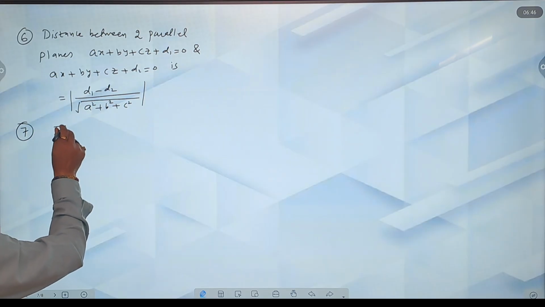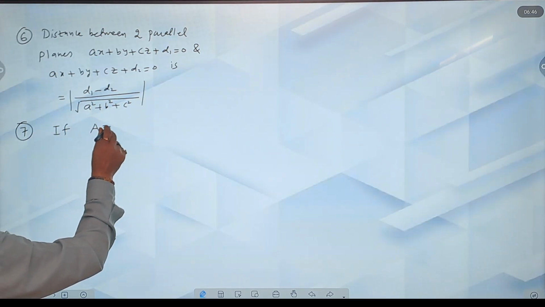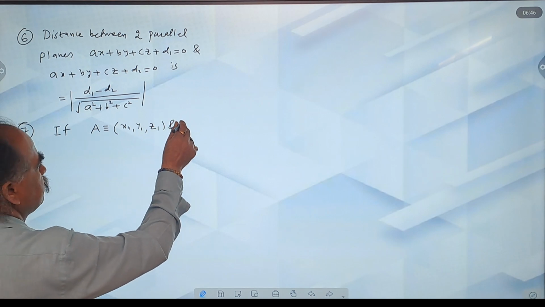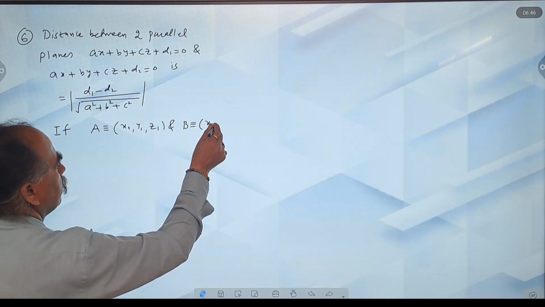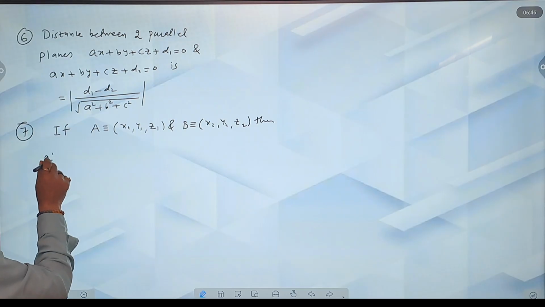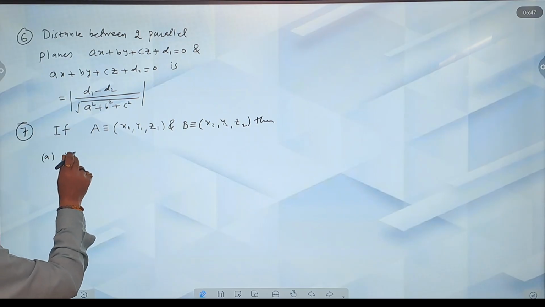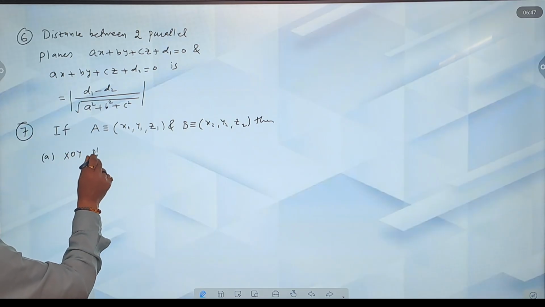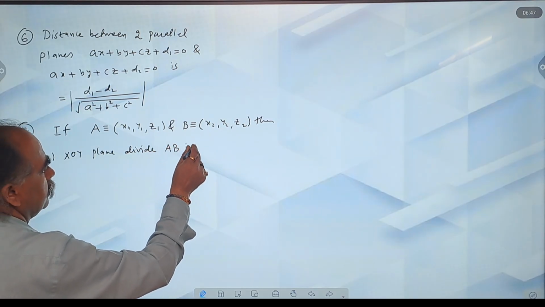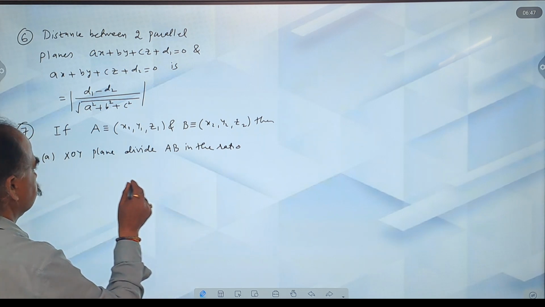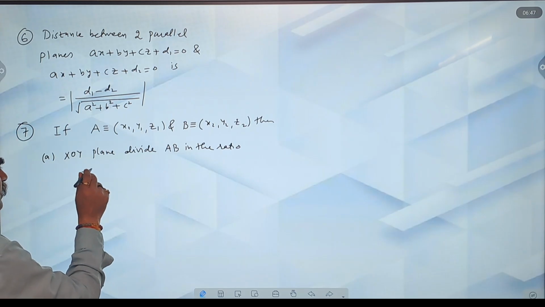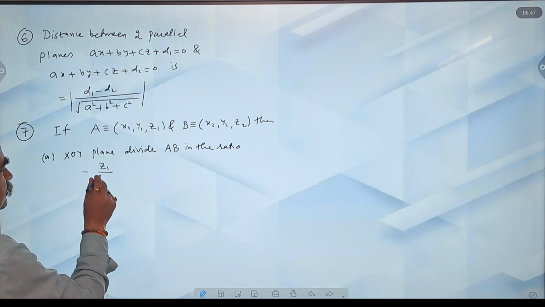If A corresponds to (x1, y1, z1) and B corresponds to (x2, y2, z2), then the XOY plane divides AB in the ratio minus, in XOY plane what is not there? Z. The ratio will be minus z1 upon z2.